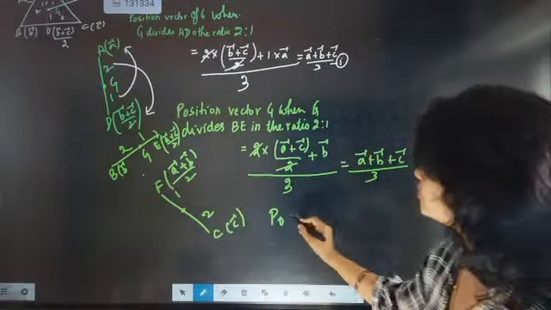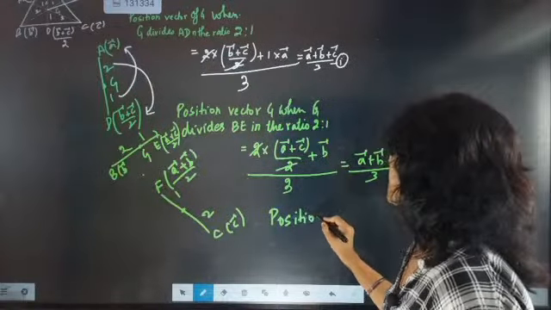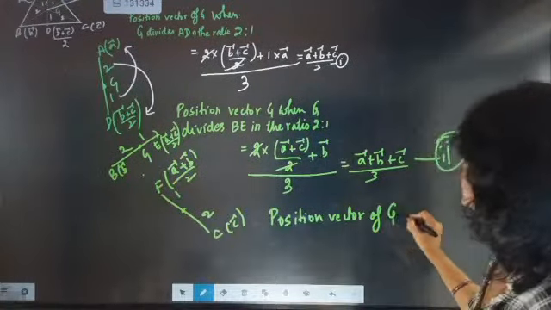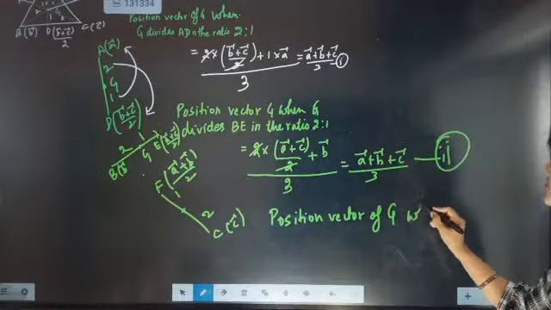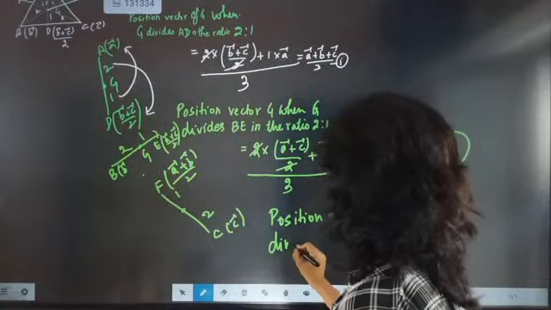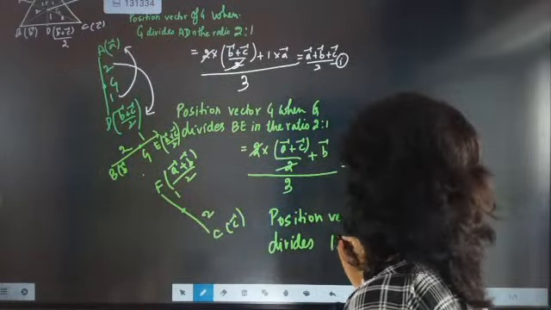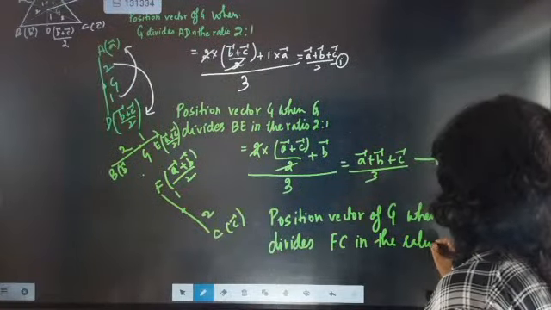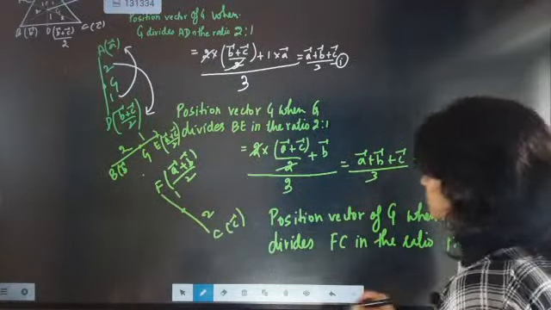Okay, so now write the position vector of G when G divides FC in the ratio 1 is to 2.